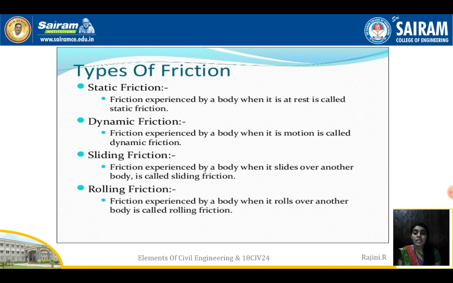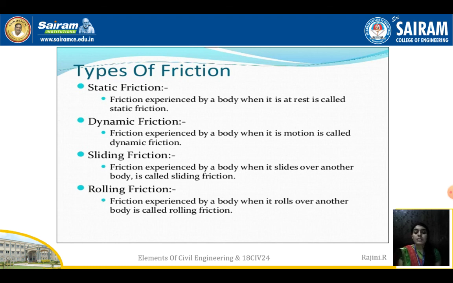Next one, dynamic friction. Friction experienced by a body when it is under motion. If any body is moving from one place to another, the friction will be different in that case. That is called dynamic friction, and dynamic friction is also called kinetic friction.